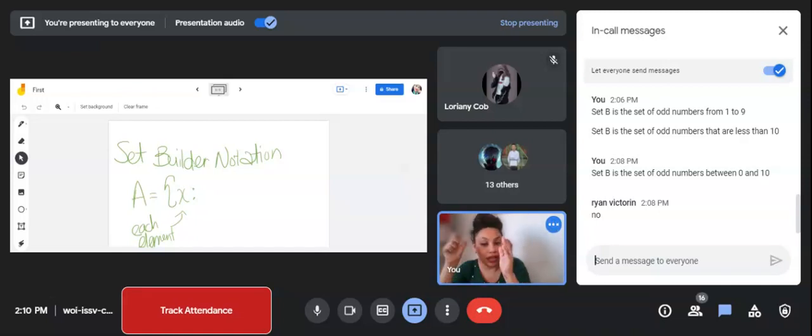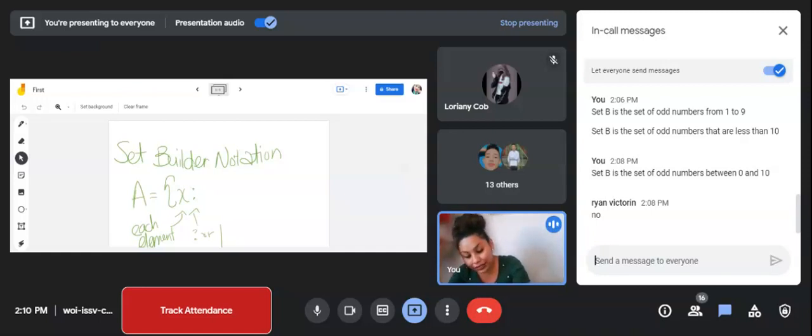And then I put a colon. I could use the colon or I could use the line, whichever one. Both of them are correct, right? Whichever one that you want to use, both of them will be correct, but don't use both of them together. You either use the colon or you use the bar.